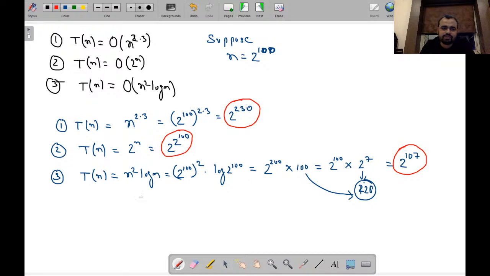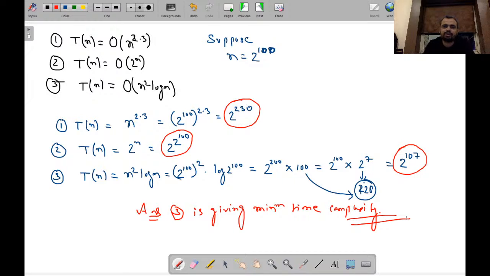Out of this, which one is minimum? Answer C is the least time. Are you getting my point? Because in the third situation we are getting the lower value of time complexity, and the remaining two situations give you higher.